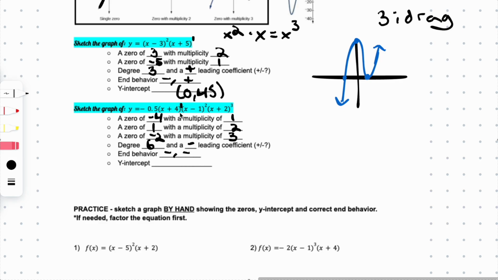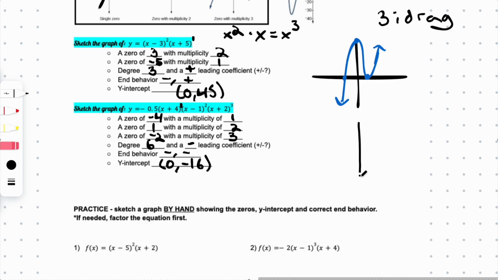I don't really want to write this down. Slow it down and rewind and write it down on paper if this is not making sense or I'm going too fast. But -0.5 times 4 is just going to be -2. -2 times 1 is just going to be -2. And -2 times 8 is going to be -16. So our y-intercept is going to be (0, -16).